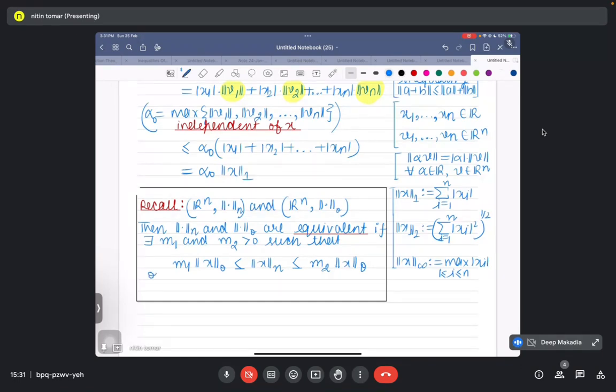Or another way to see this is the following: this is less than 1 by m1 times norm x, and this is greater than or equal to 1 by m2 times norm x. Is this clear? And this holds for all x in Rn. This is important. Is the definition clear?